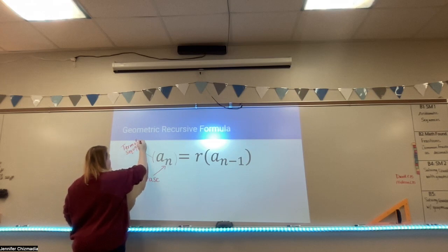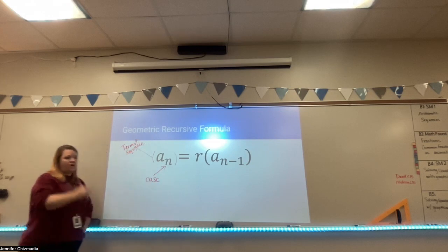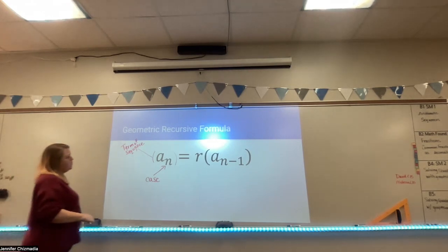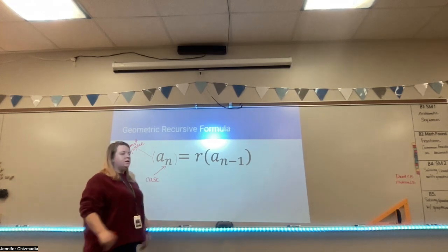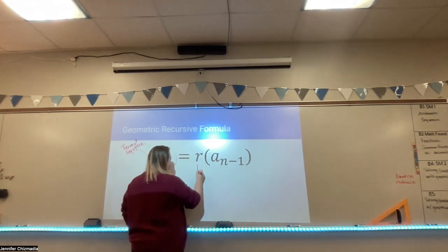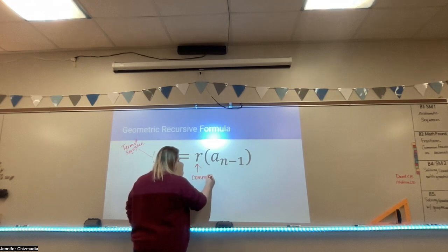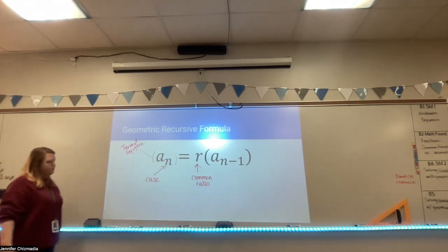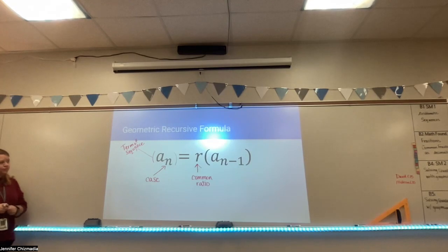The term of the sequence. Right? So that's the output. It's the number that comes out. N is the number that goes in. R is that ratio that we found. Okay, and anybody remember what a sub n minus 1 is?